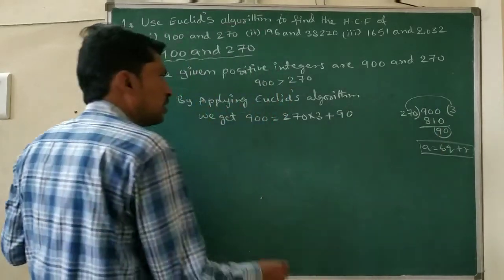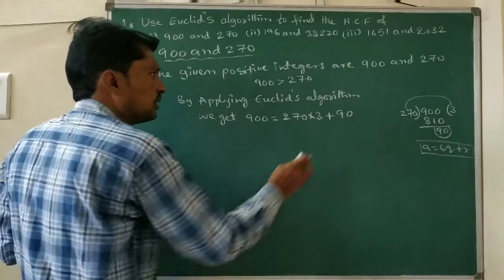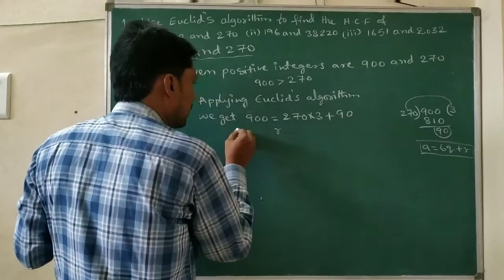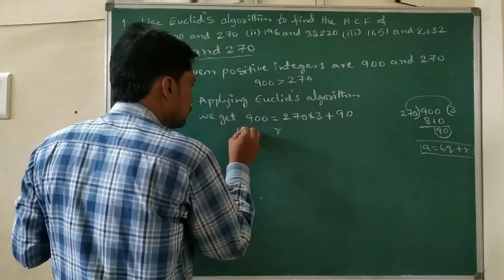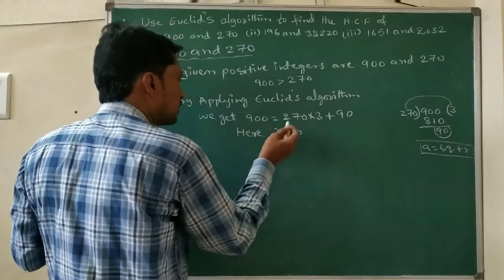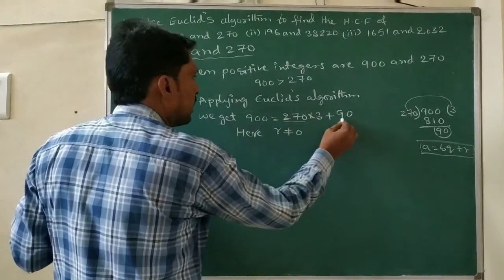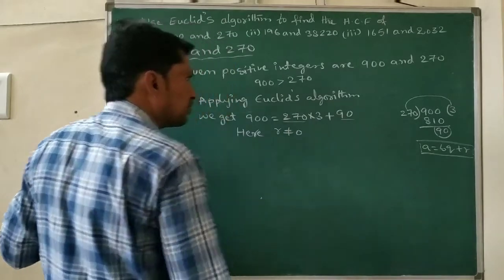The remainder is 90. Now we have to check whether the remainder is 0 or not. It is not 0, so r is not equal to 0. That means we need to take the divisor and the remainder.